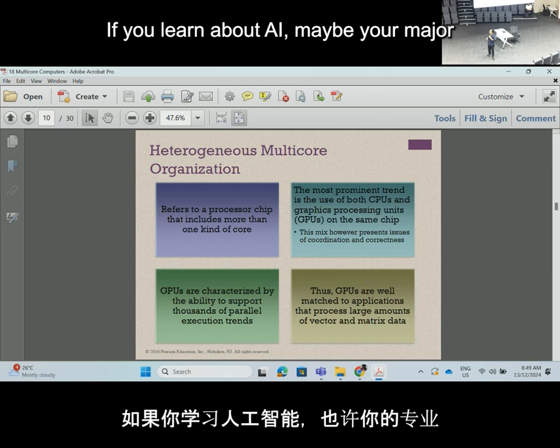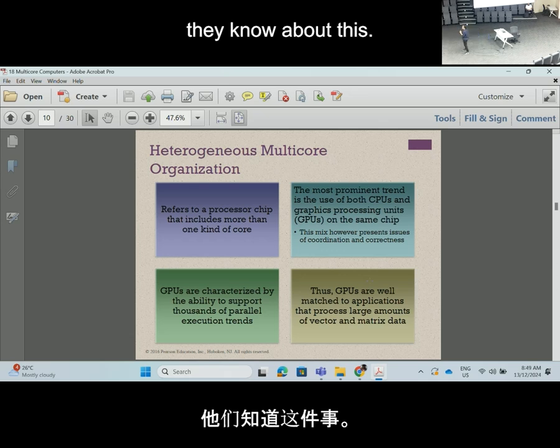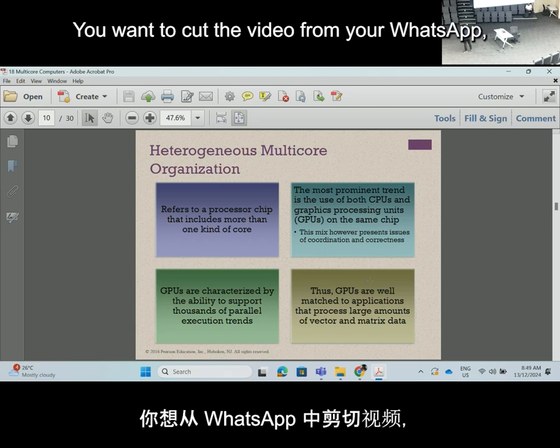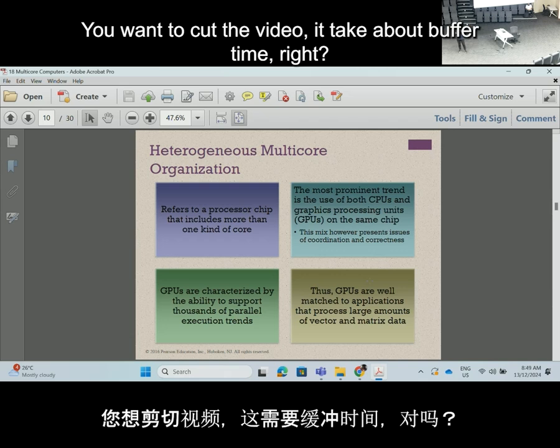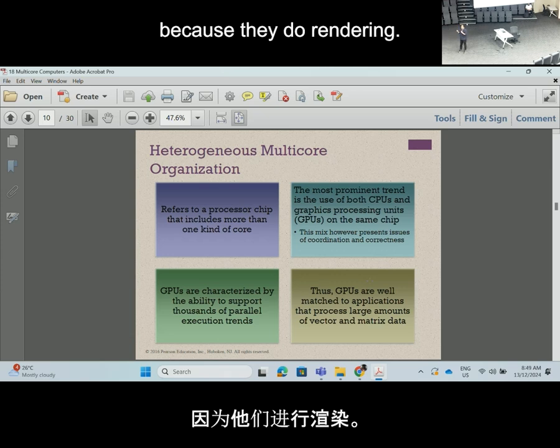If you learn about AI, maybe your major is artificial intelligence, other friends doing that, they know about this. They need to calculate frame by frame. We talk about the video. You want to cut the video from your WhatsApp to send to other friends or relatives. You want to cut the video, it takes about buffer time, right? Maybe less than 3 seconds or 5 seconds, because they do rendering.